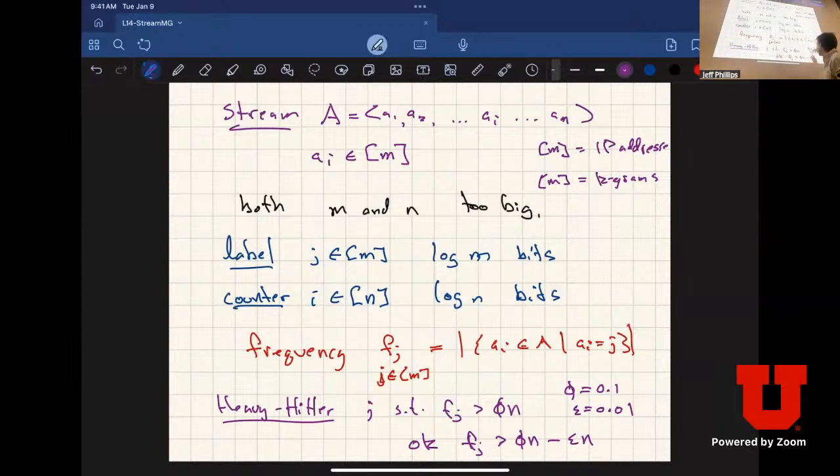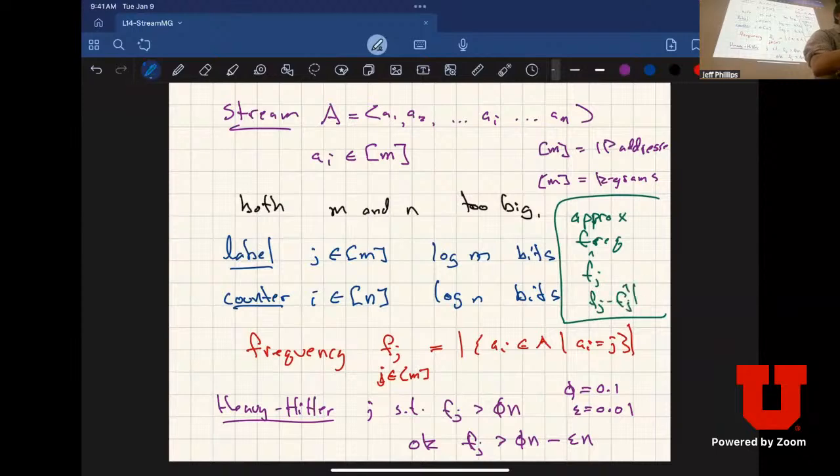Okay, and I can change these parameters, but these are good things to think about for how stuff is going to work. What we're ultimately going to do, and I'm going to come back to this again, is get an approximate frequency we'll call f hat of j, with the property that fj minus f hat of j is less than epsilon n.